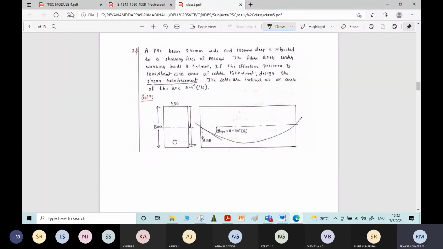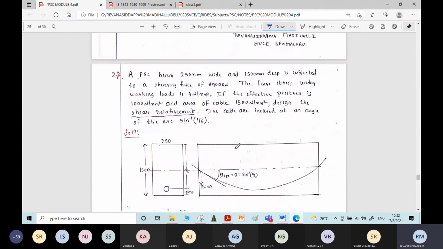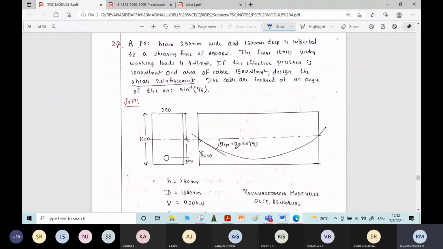Write the figure as well. A parabolic cable is given in the problem.